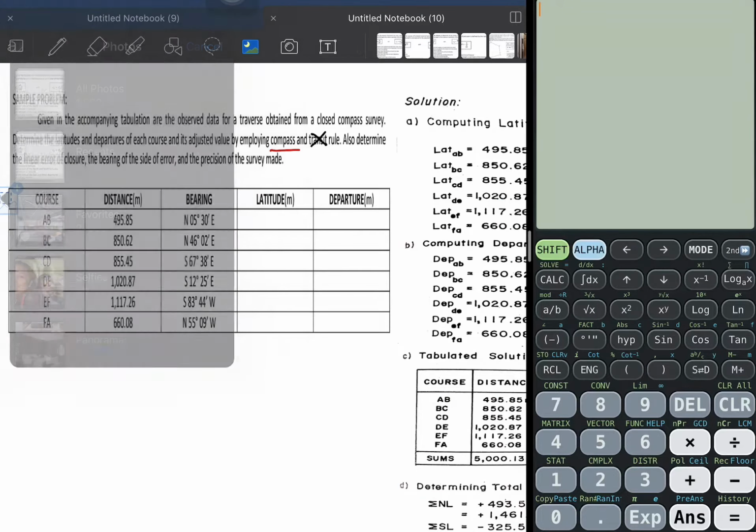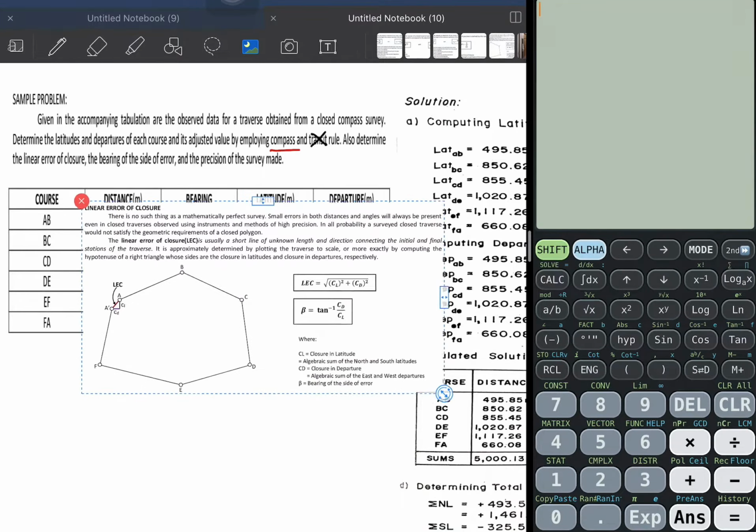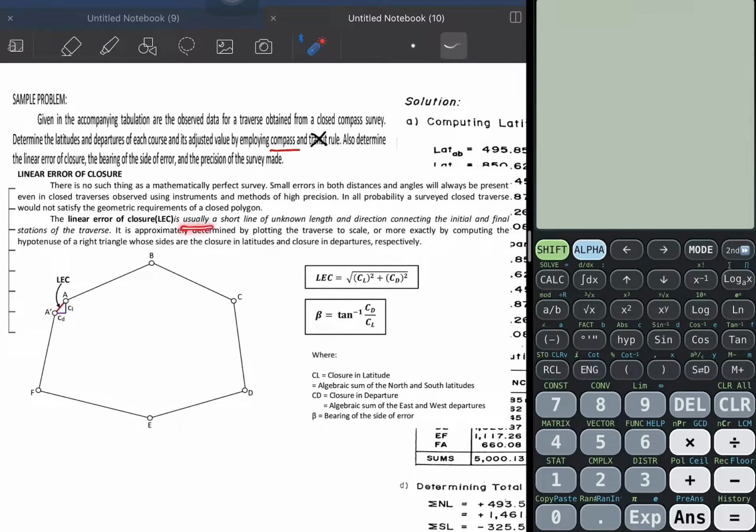And then for the formula for the linear error of closure, by the way, the linear error of closure is usually a short line of unknown length and direction connecting the initial or the first line and the last line of station of the traverse.